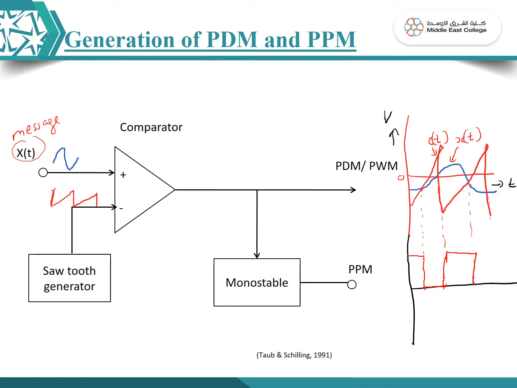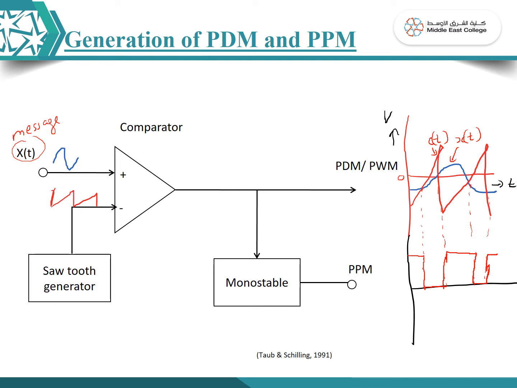So this is the way we are generating a pulse, as you can see by checking the output. The width of the pulse is changing according to the instantaneous amplitude of the message signal.